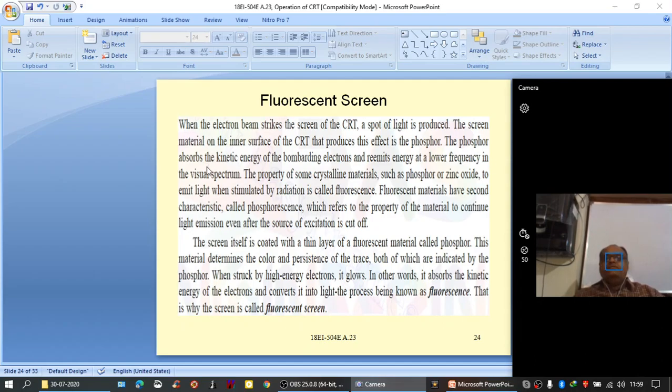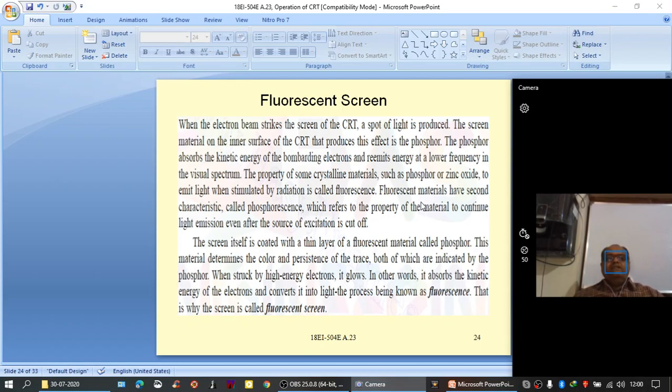The phosphor absorbs the kinetic energy of the bombarding electrons and re-emits energy at a low frequency in the visual spectrum, that is, in the form of light. The property of some crystalline materials such as phosphor or zinc oxide to emit light when stimulated by radiation is called fluorescence.